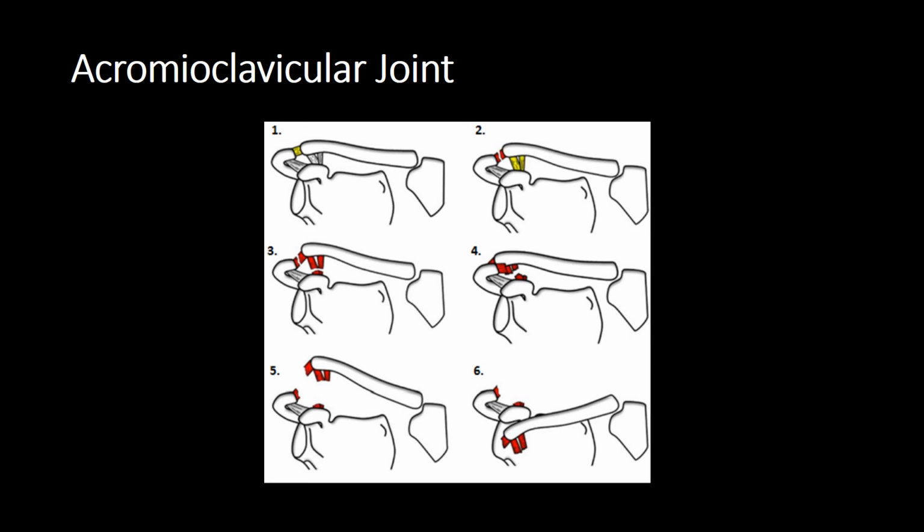Type 3 involves disruption to both the acromioclavicular and the coracoclavicular ligaments. Because both ligaments have been disrupted, there is now superior dislocation of the acromioclavicular joint. Type 4 involves disruption to both the acromioclavicular and the coracoclavicular ligaments.